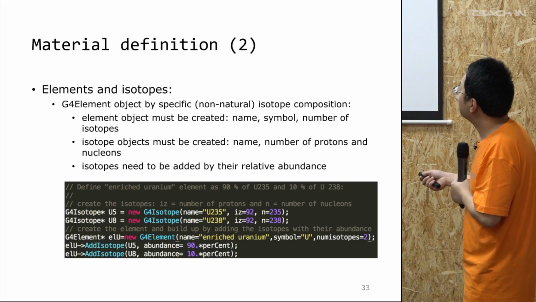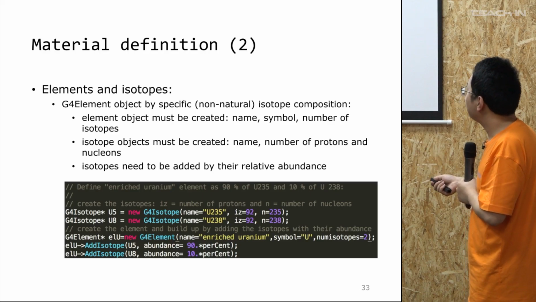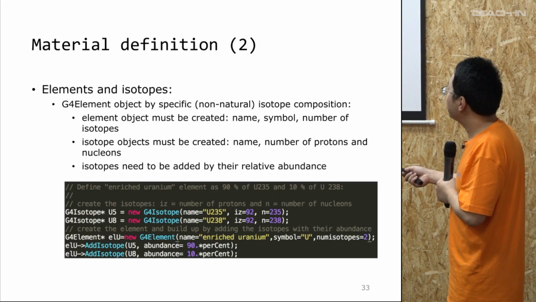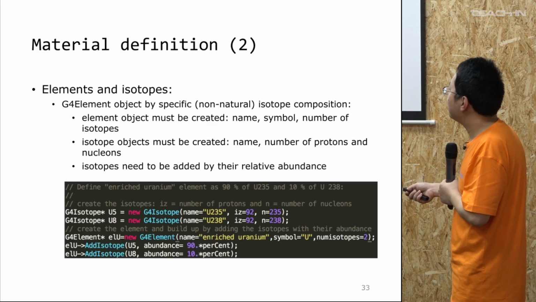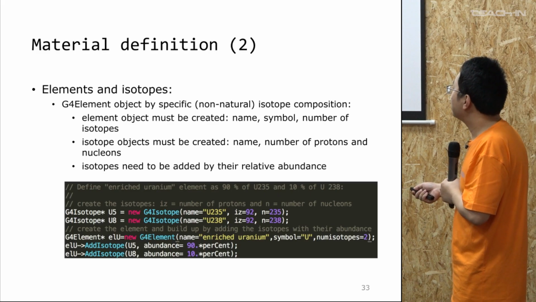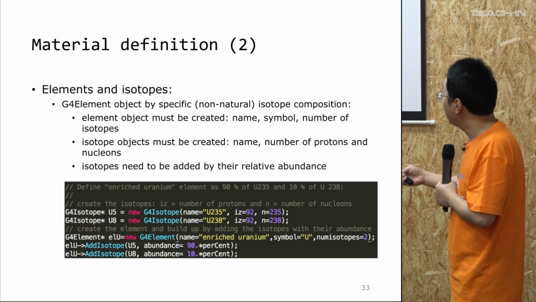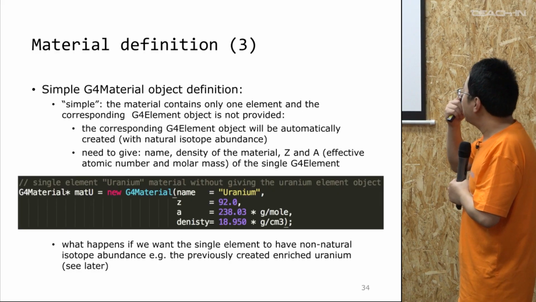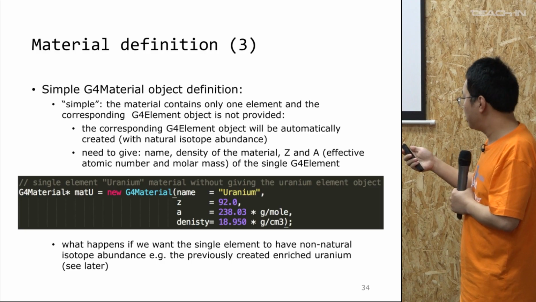For example, you construct uranium 235 and uranium 238, and then you combine them: you add these two isotopes to this uranium element. You can also specify the abundance, which is always done by yourself. So it is very flexible.